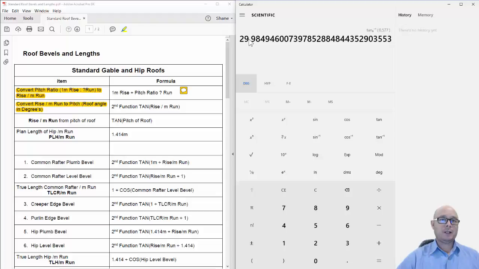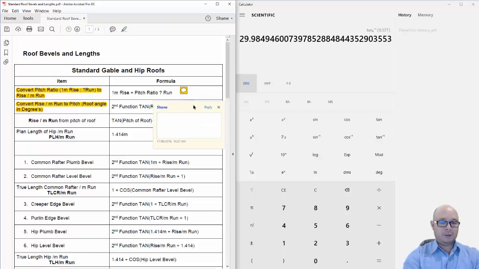So that would end up being rounded up to 30 degrees. I'll just put that in a sticky note as an answer for the conversion of the rise per metre run to pitch of roof. So there it is there, 30 degrees.